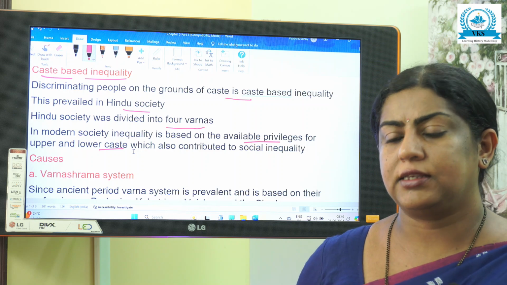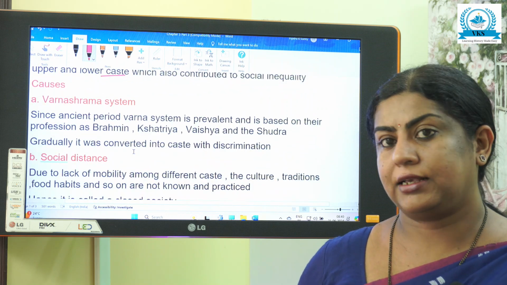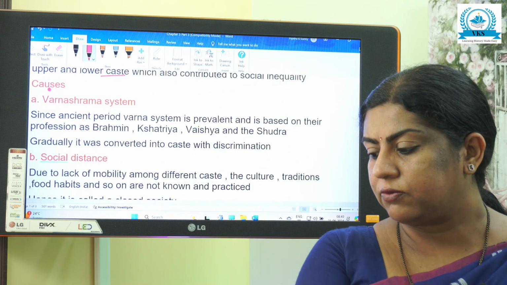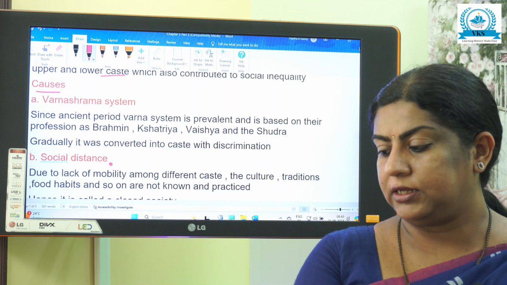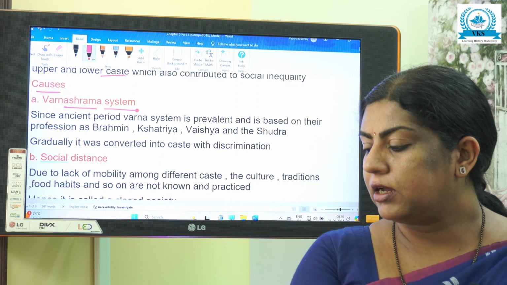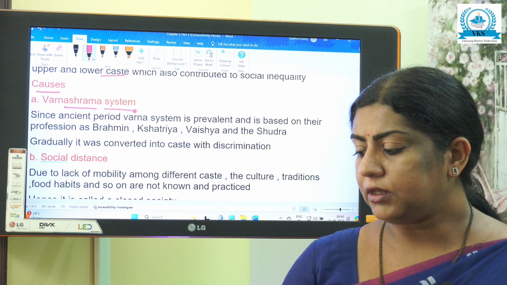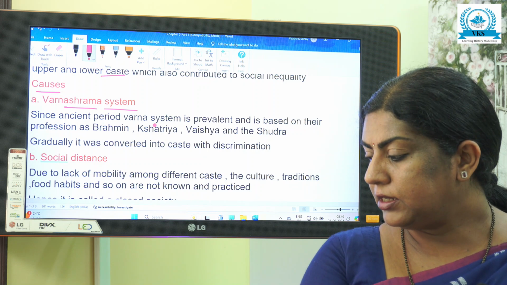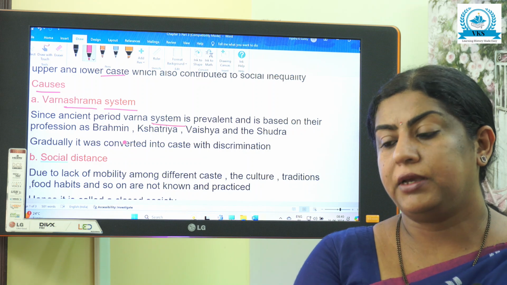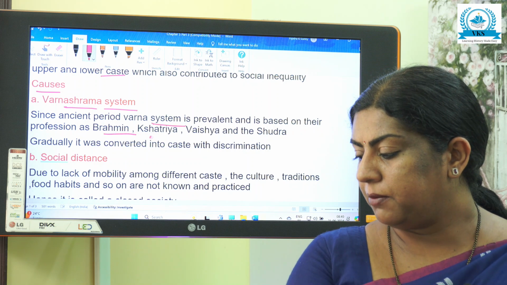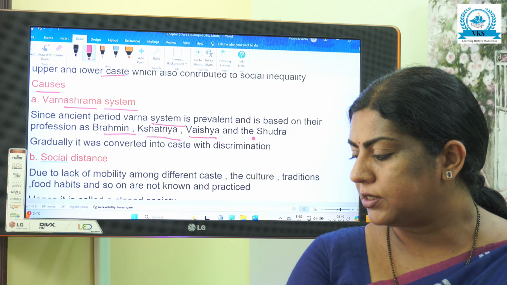So this is a basis for social inequality, that is, caste-based inequality. Now, why does this caste-based inequality exist? Let us see the causes. The first cause is the Varnashrama system. Since the ancient period, the Varna system has been prevalent on the basis of profession, as Brahmanas, Kshatriyas, Vaishyas and Shudras.